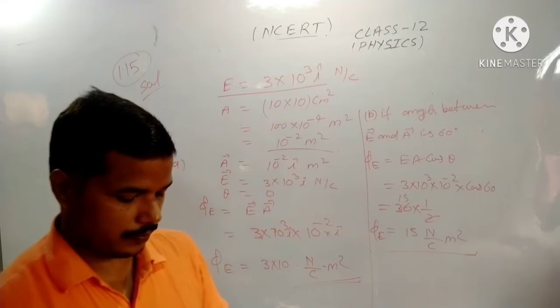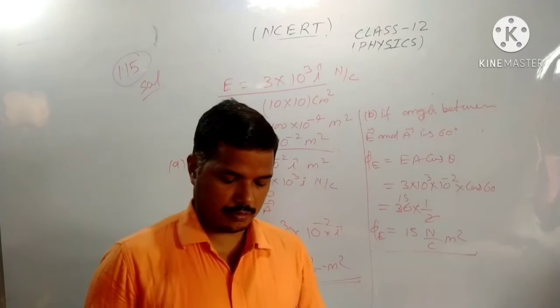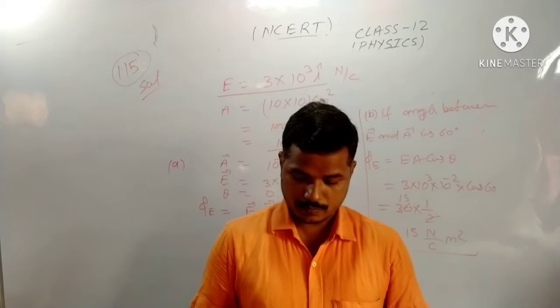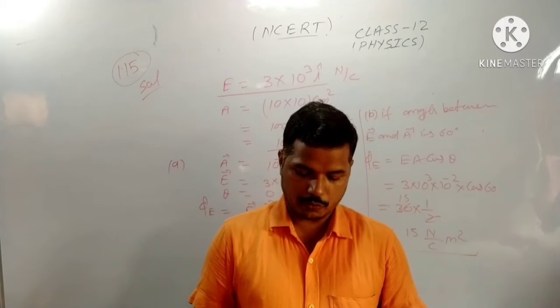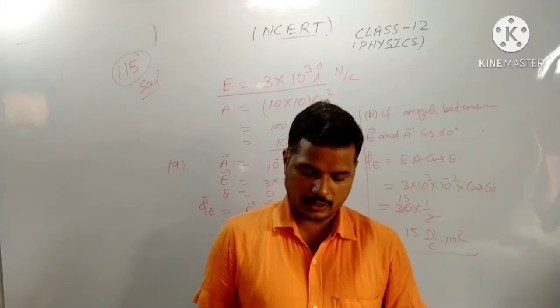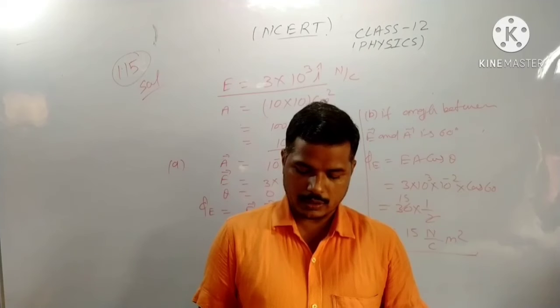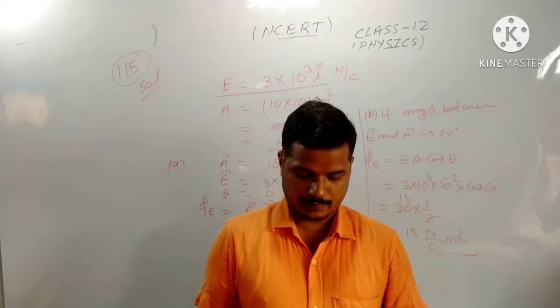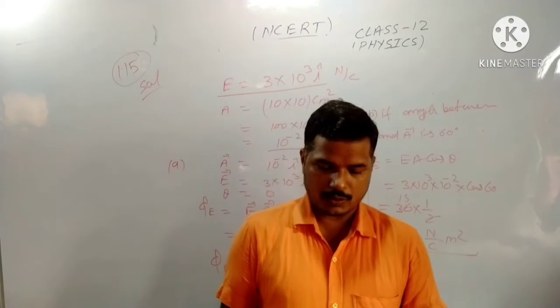Next question is, what is the flux of the uniform electric field of exercise 1.15 through a cube of side 20 cm oriented so that its faces are parallel to the coordinate planes. Okay.